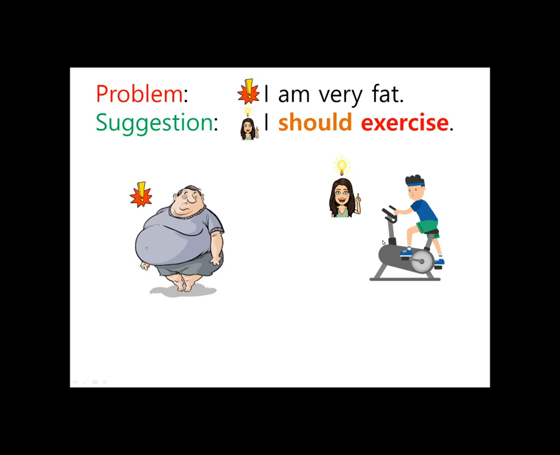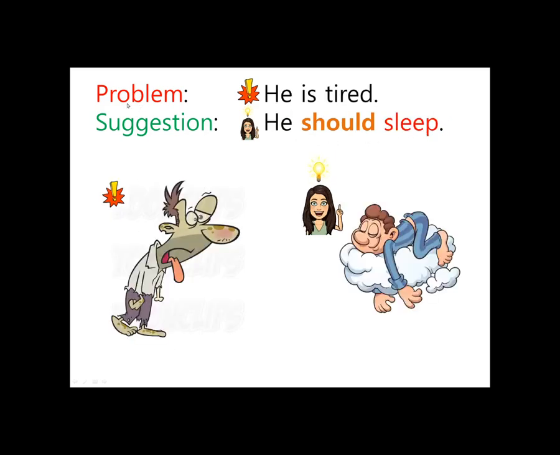Yes, it's a good idea, and I have a choice. So we can say, I should exercise. We don't have to exercise. We can stay fat. So we have a choice, and it's a good idea. I should exercise.